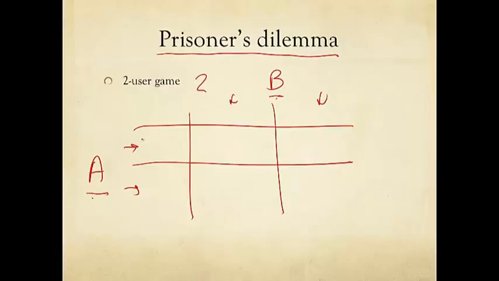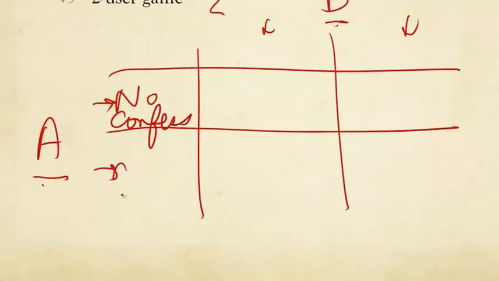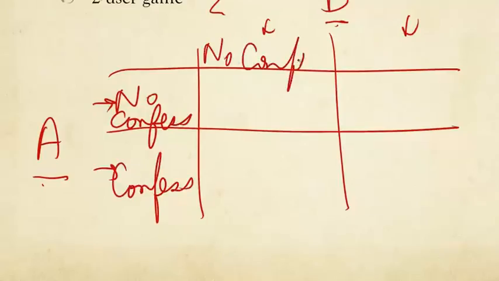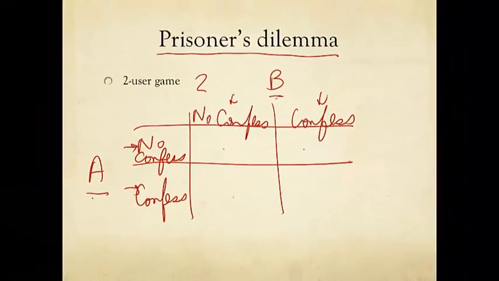One is you do not confess, no confess. The other is you confess. Similarly, B can also say I don't confess or I confess. So there are altogether 4 possible outcomes. For each of these outcomes jointly determined by A's strategy and B's strategy, there will be a pair of numbers.